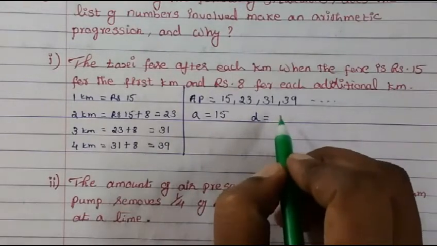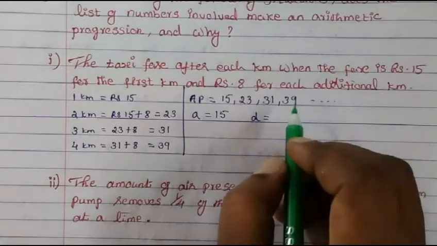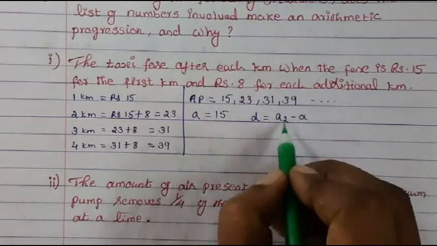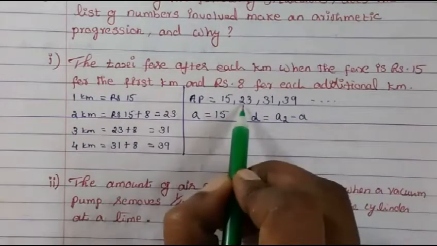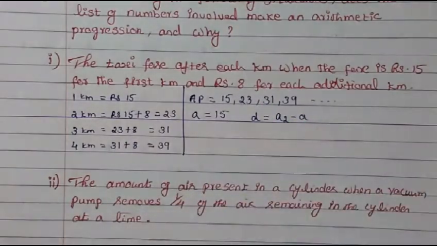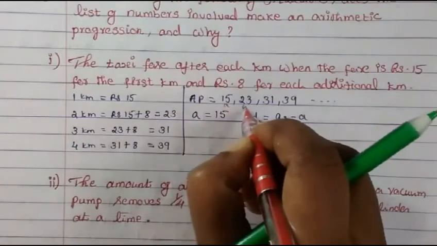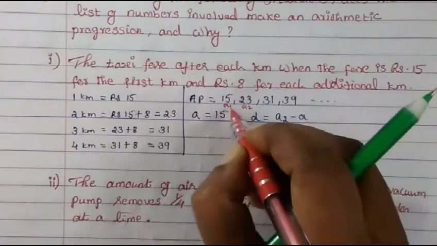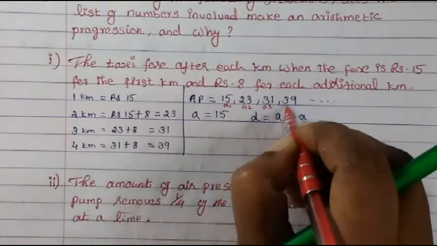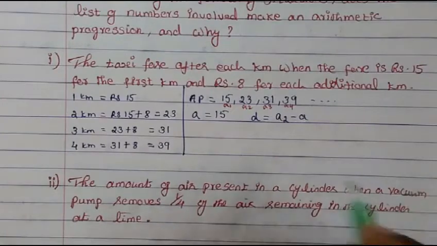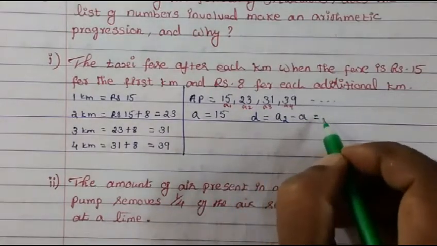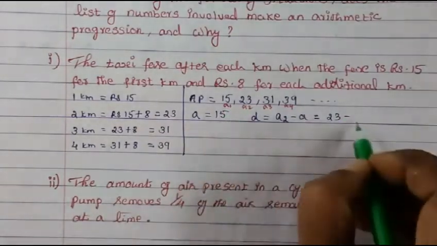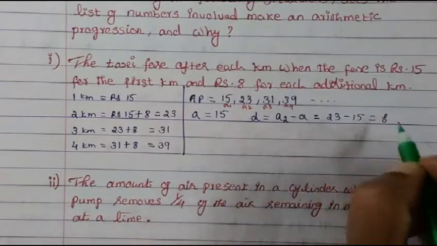To find D, we take A2 minus A. You can write A1 also, but in the formula it is given as A only. So A2, A3, this is our A4. A2 minus A: A2 is 23 minus A which is 15, which gives us 8.